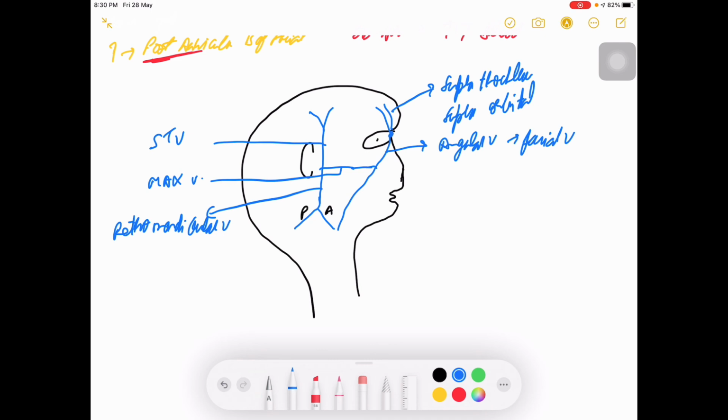The anterior one communicates with the facial vein and forms common facial vein, which finally drains into internal jugular vein.